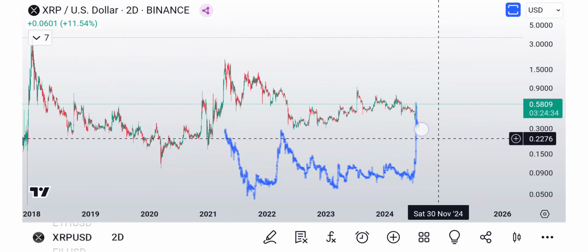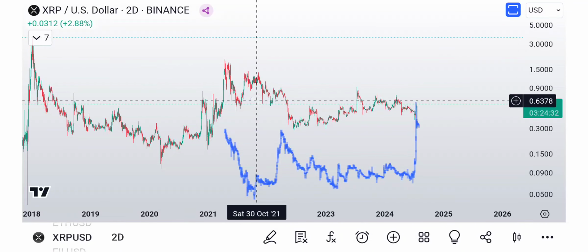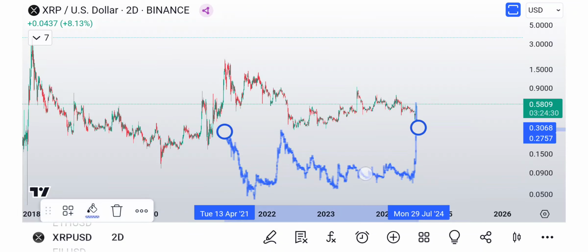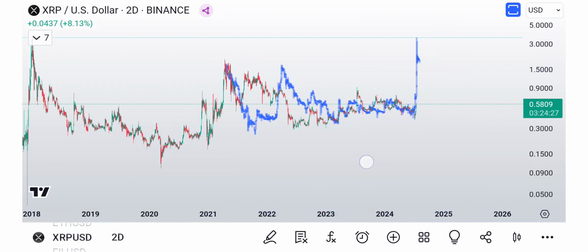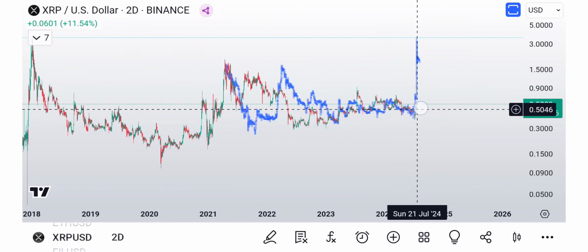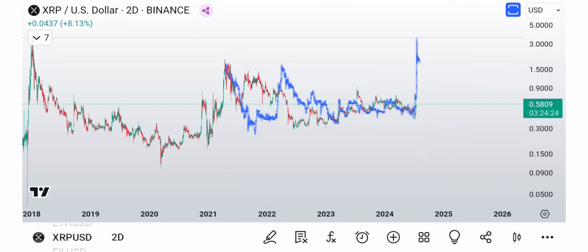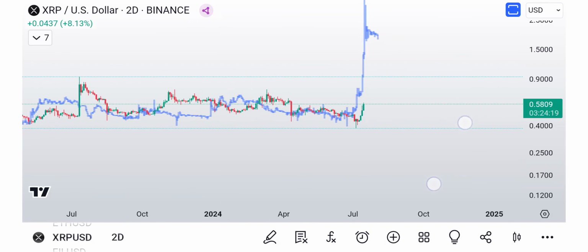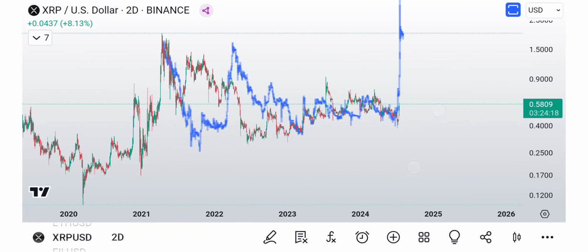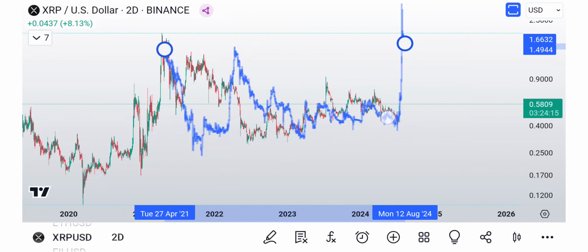So if you look at this overall structure here, and we take this fractal from the top all the way to the bottom, you can see from a time perspective, it is literally perfect. This is exploding exactly where it should be. Now, I don't have the Bitstamp chart up.